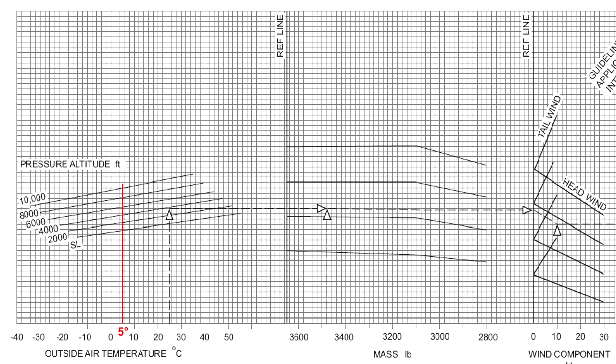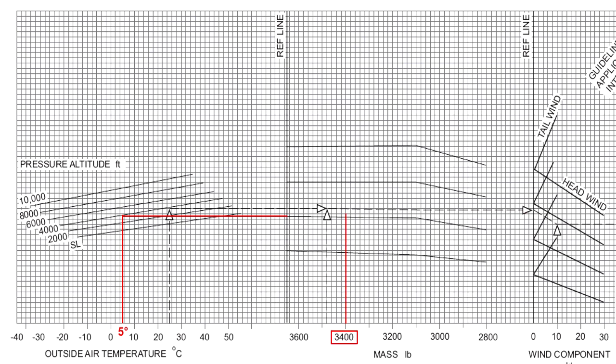In the example, we will assume a temperature of 5 degrees Celsius at a given airfield, situated 4,000 feet above mean sea level. To use the graph then, move upwards from 5 degrees Celsius until you have reached the 4,000 feet pressure altitude line. Then move right until you meet the reference line, shown here.